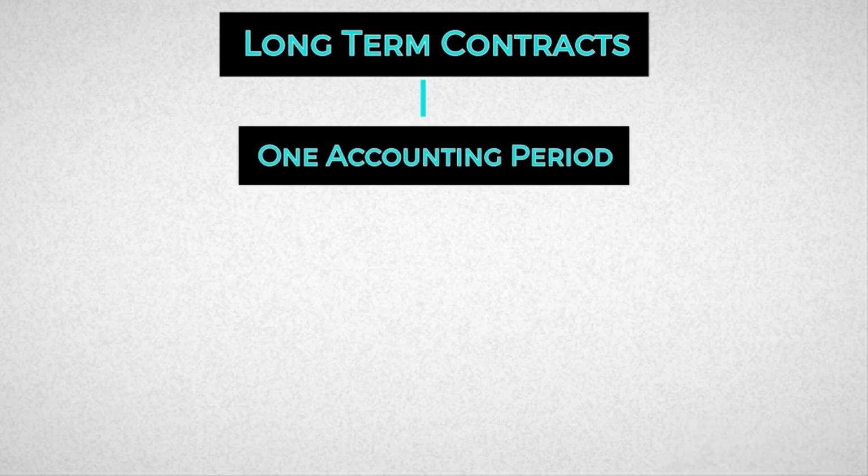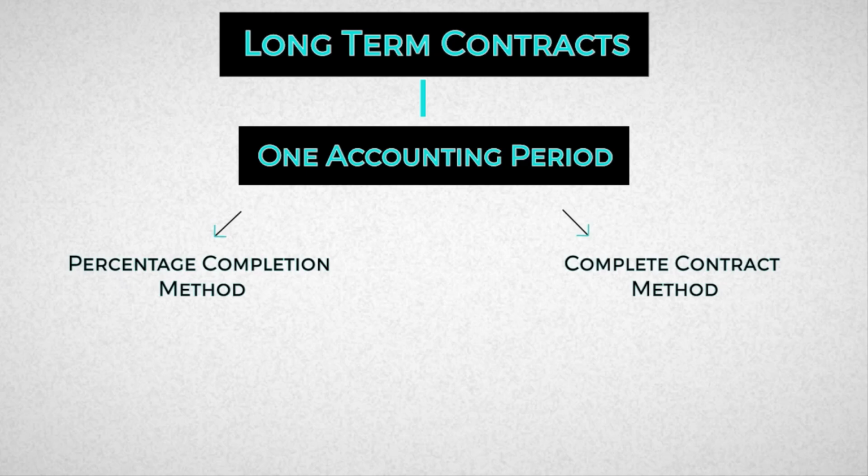So it's more than 1 year for sure. Long-term contracts can be recognized using two methodologies. One is the percentage completion method, and the second one is the completed contract method.